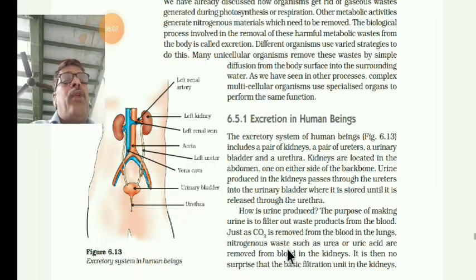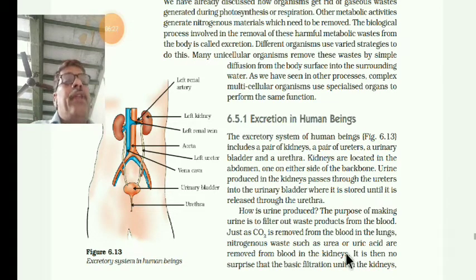Nitrogenous waste such as urea and uric acid are removed from the blood in the kidney. Other nitrogenous waste like urea and uric acid is also moved out with the urine, removed from the blood in the kidneys.